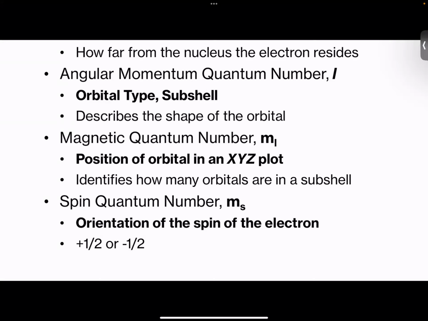The spin quantum number is literally describing the orientation of the spin associated with the electron. Is it moving left or is it moving right?